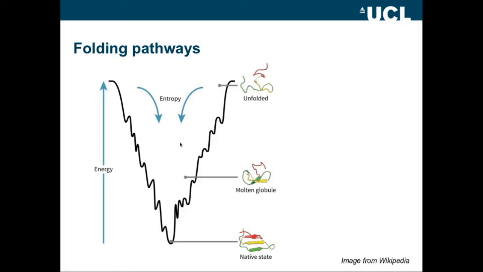Now as we work down this folding pathway, we're going to go through these intermediates, which may be these molten globules, and gradually move ourselves towards this native state. And as we move through this, we go through these little trapped states that we have to come out of in order to get ourselves to the native state.